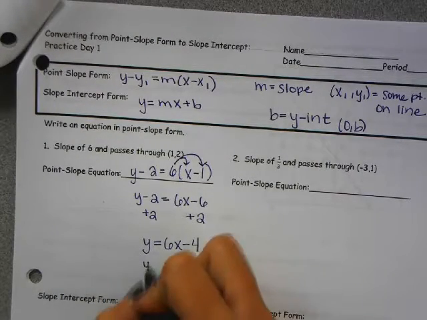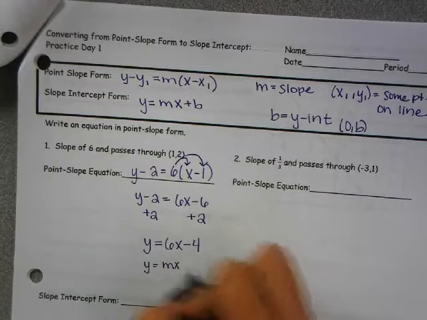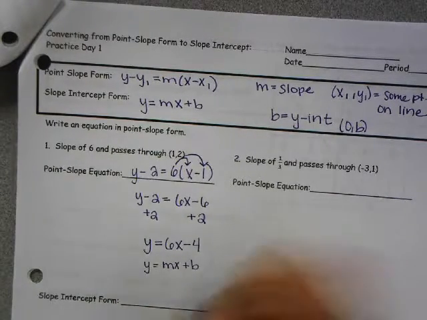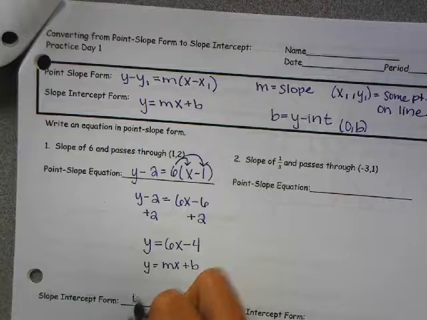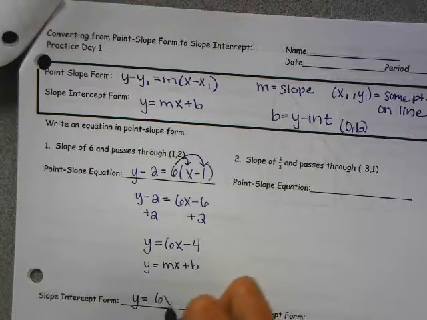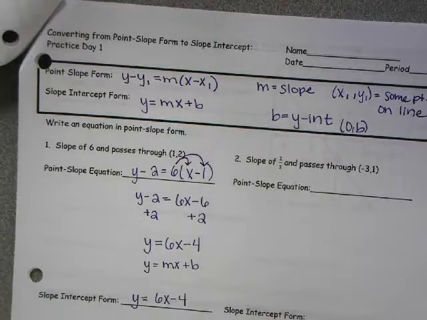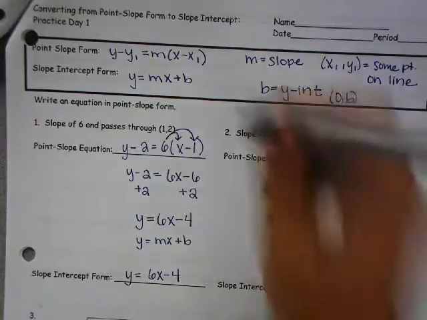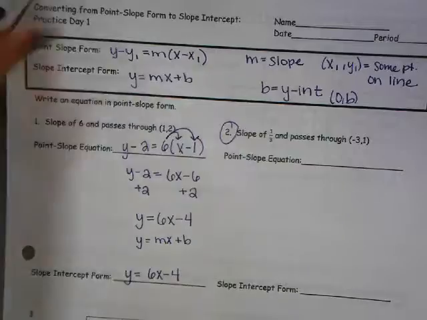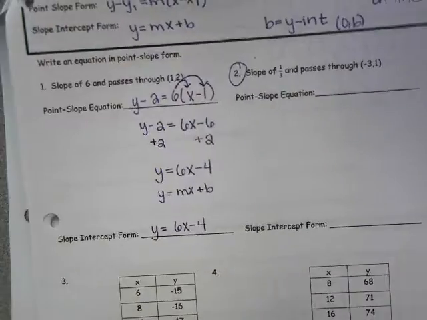So now this is in the form y equals mx plus b, or minus b, it's fine. So my slope-intercept form is y equals 6x minus 4. And I would be done. Okay? So then you're going to do 2 on your own, and then let's look at 3.